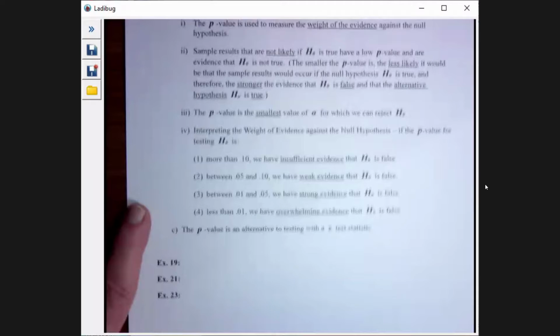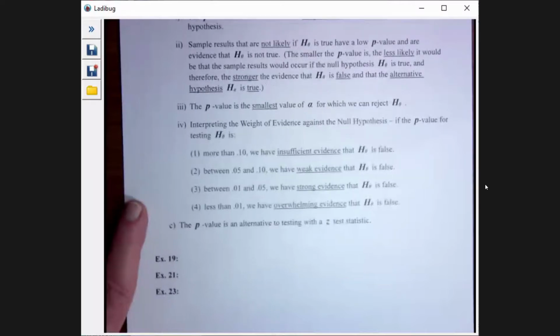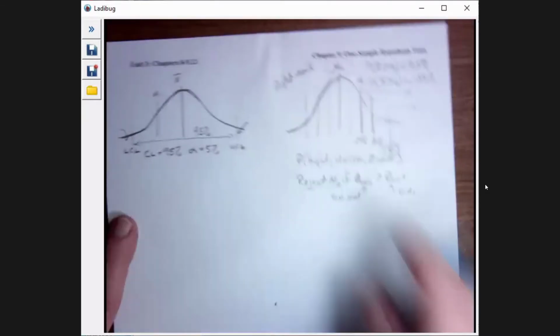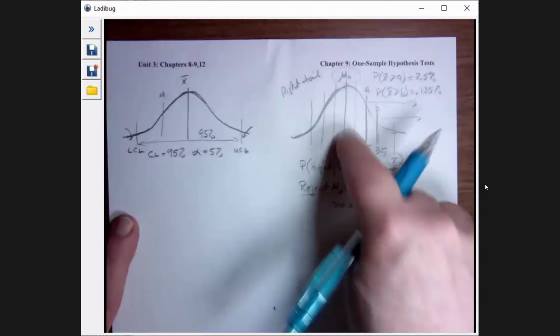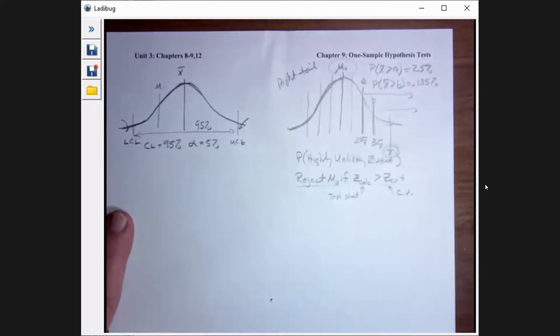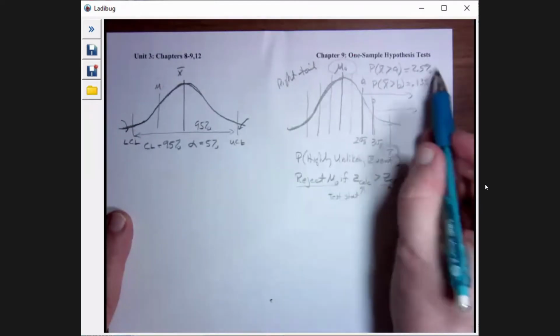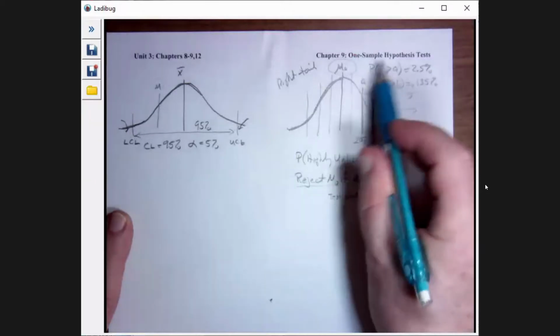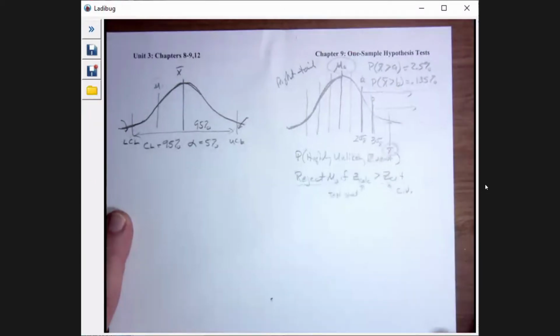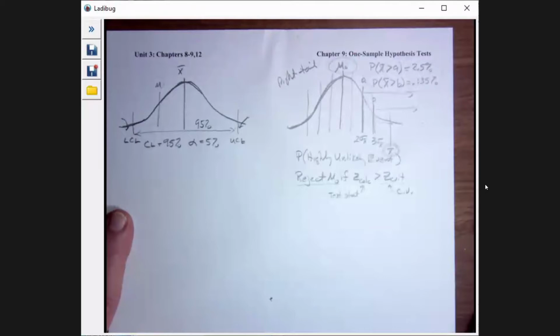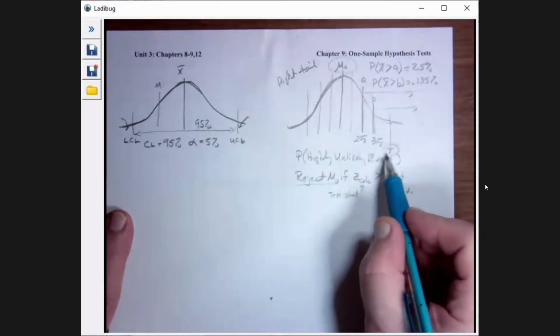Let me use the one that I drew last time. We computed some critical values here, and we have this test statistic.